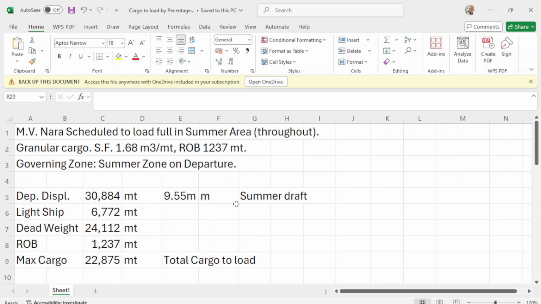So MV Nara is scheduled to load full in summer area throughout the voyage, with granular cargo, stowage factor 1.68 cubic meter per metric ton. Then ROB is 1,237 metric tons. Governing zone is summer zone on departure.